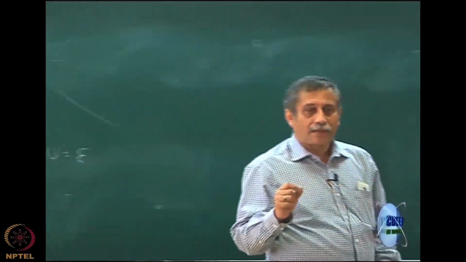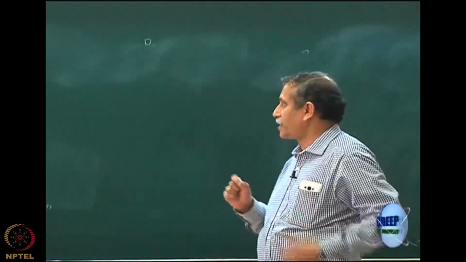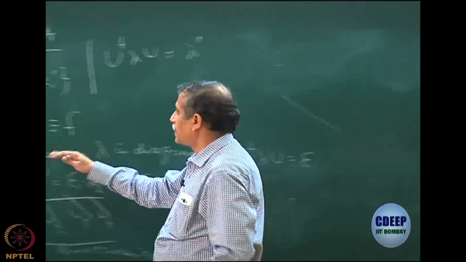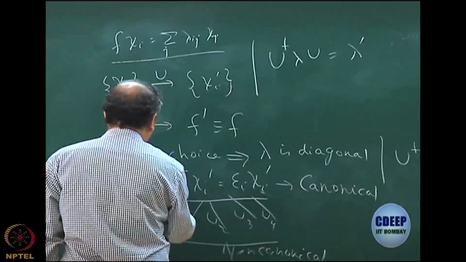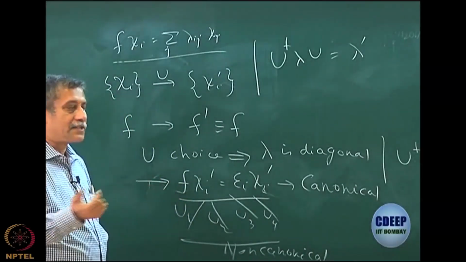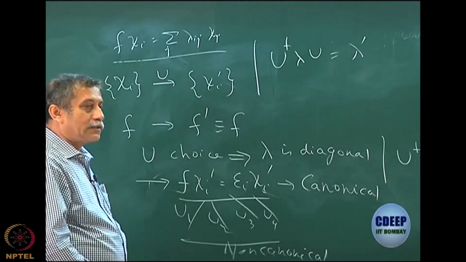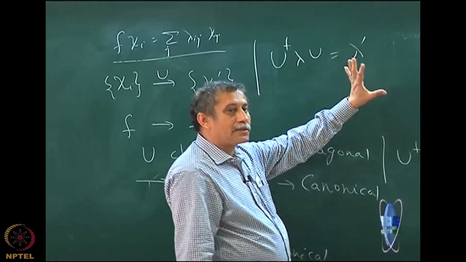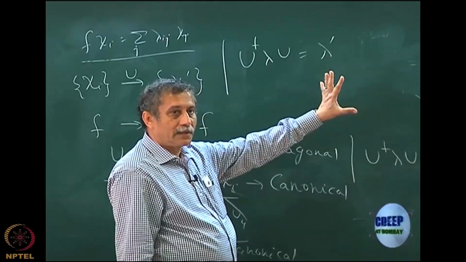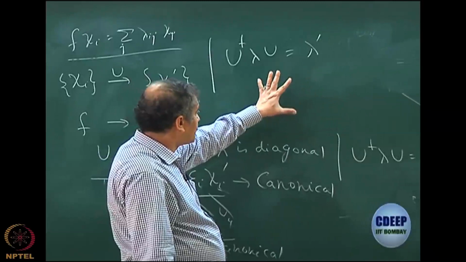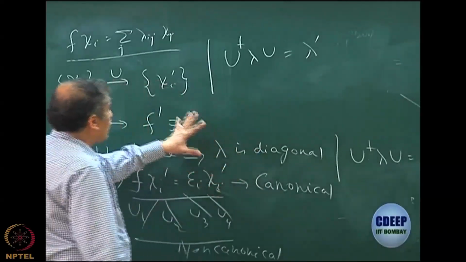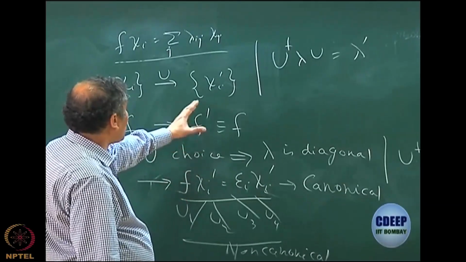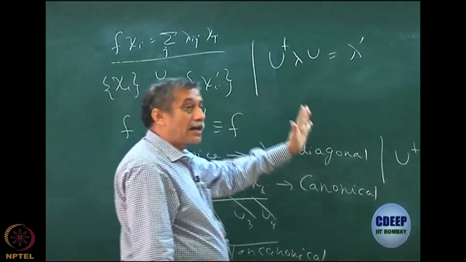Is it clear? So the canonical Hartree-Fock equation is a unique equation, and we are of course very comfortable with the canonical equation simply because it is an eigenvalue equation. It is very simple to analyze the equation. So, we will not bother about such a structure where this lambda prime is non-diagonal. But I just want to tell you, in chemistry, there is a lot of transformation where non-canonical equations are also very useful, particularly many times the bond localized orbitals are non-canonical.